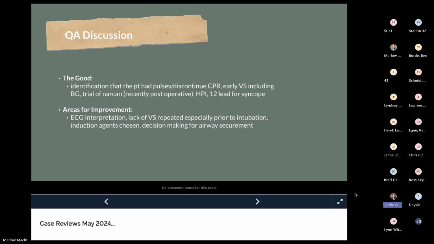Areas for improvement: EKG interpretation, an earlier 12 lead, since the first one was at 16 minutes, lack of repeated vital signs, especially prior to intubation, so not knowing if this patient was actually stable prior to intubation, the induction agent chosen of succinylcholine, and decision-making for this airway securement, especially in this particular case.